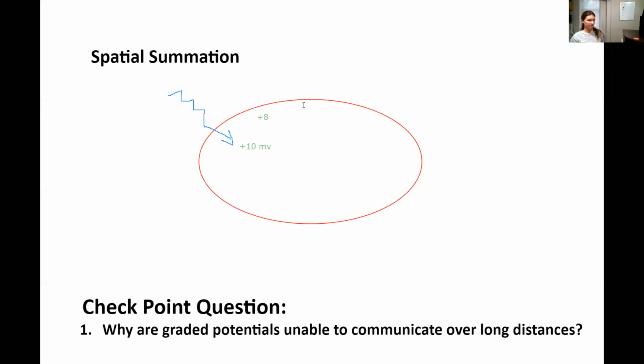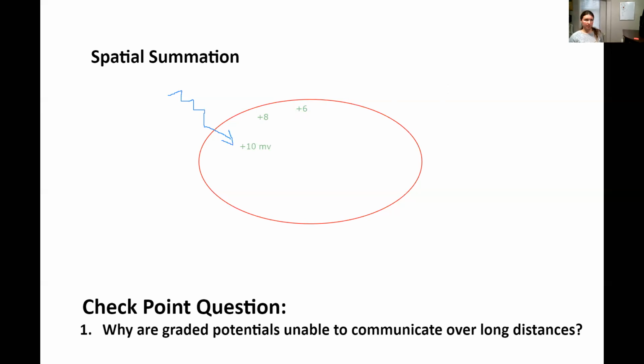And then if we were to pick up this third point right here at the top of the cell, we might have a change of +6. And this is because the ions just spread out.